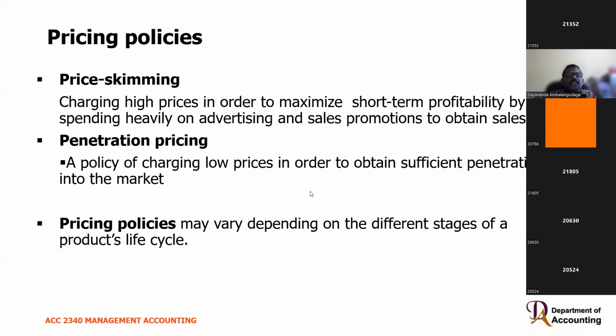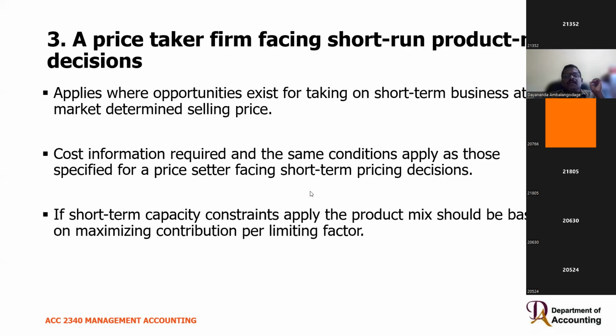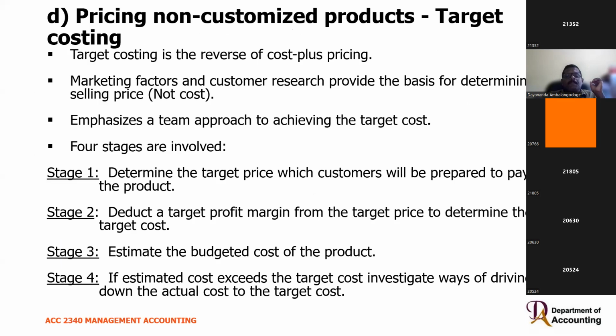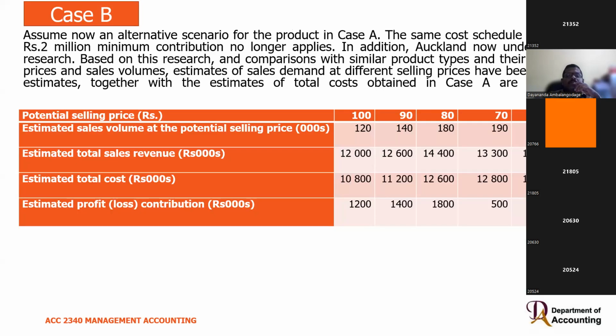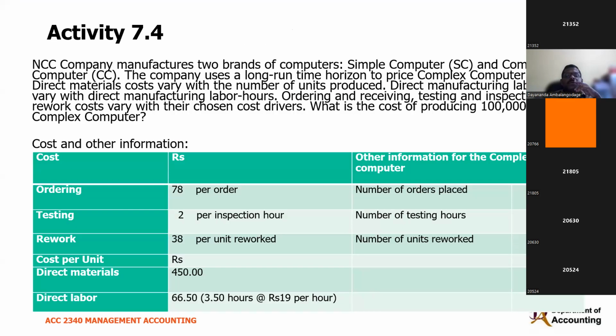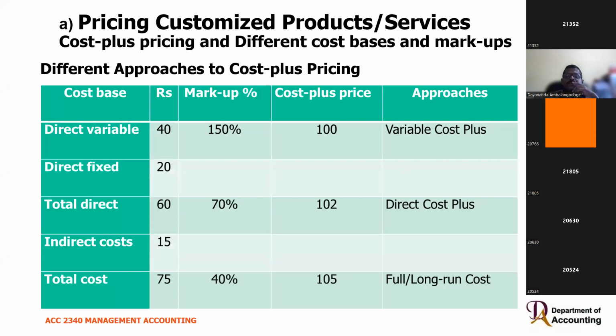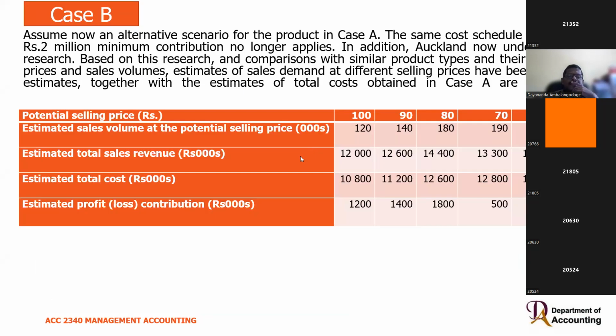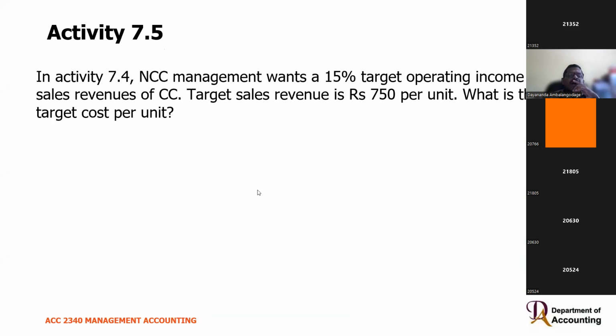For this case, your answer would be the price setting situation, where you have different cost plus approaches. So your answer would be either direct cost plus, direct variable cost plus, or full cost plus. Those are the pricing approaches we focus on here.